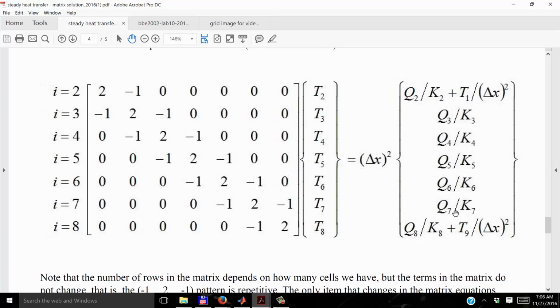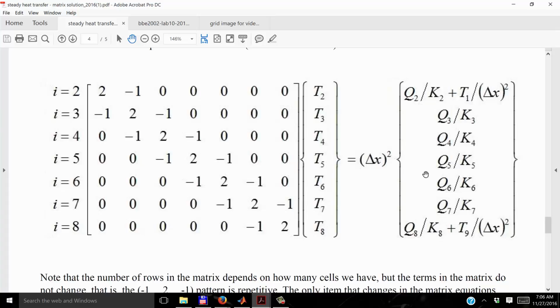Basically all these will be repeated for all rows of the B vector. The only thing is that the first row will have the temperature on the left-hand side of the wall, and then the temperature on the right-hand side of the wall would be added in there. So we'll go through that procedure.